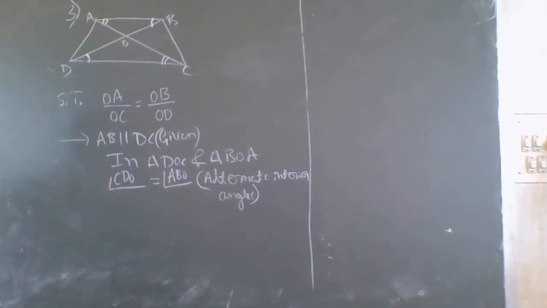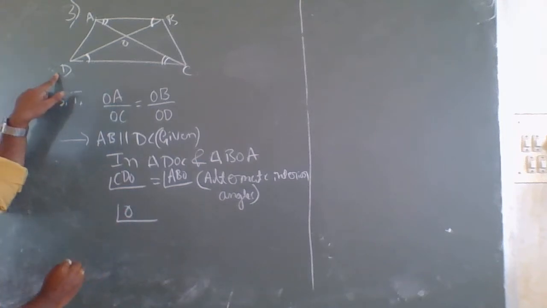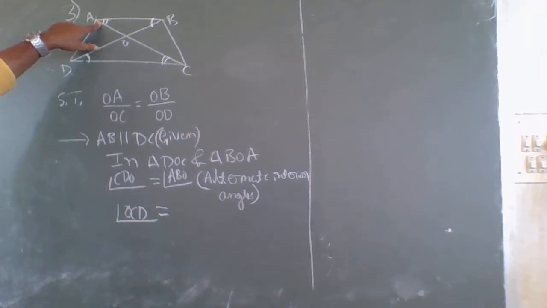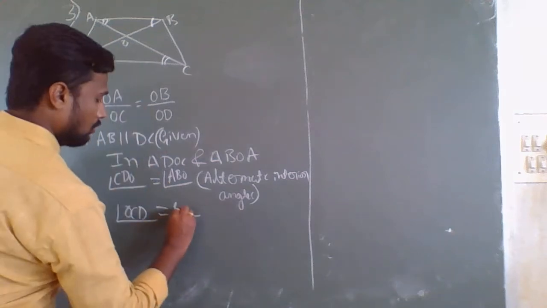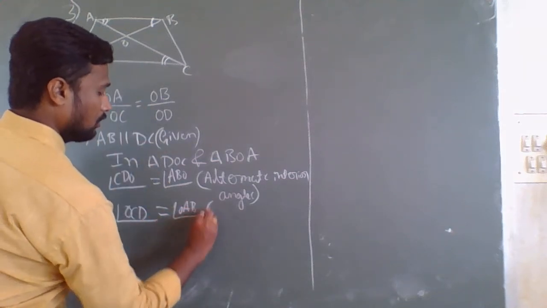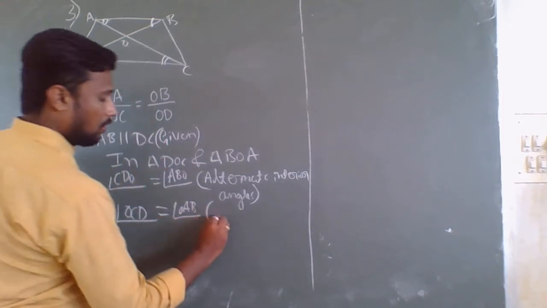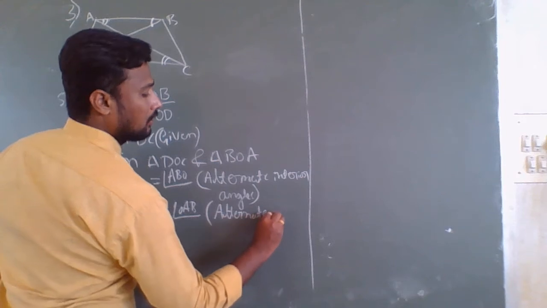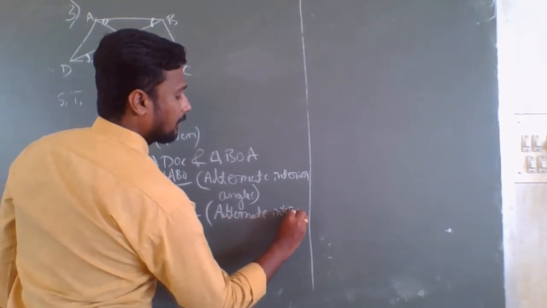So here we can write angle OCD equals to this angle, OAB. These two are also alternate interior angles.